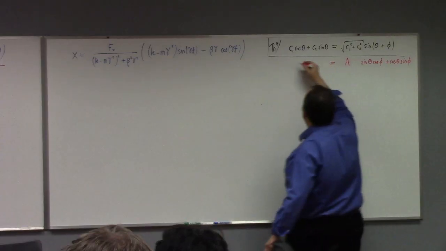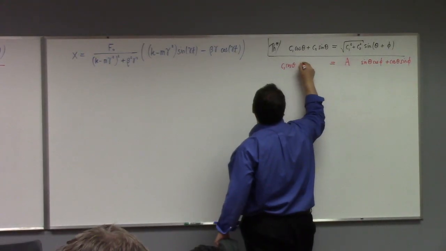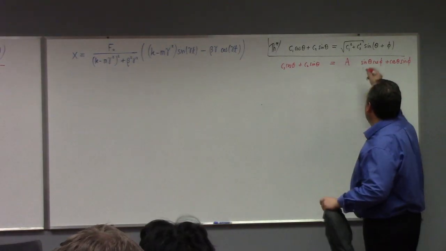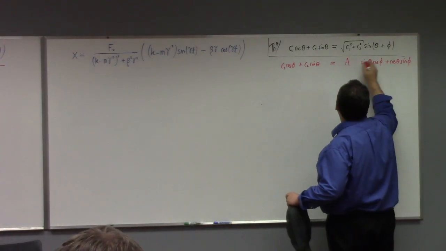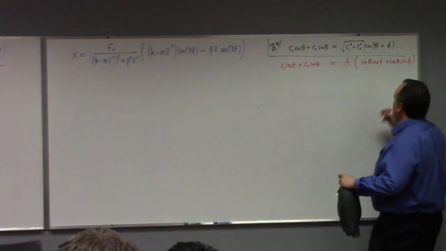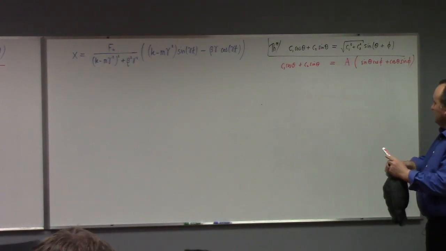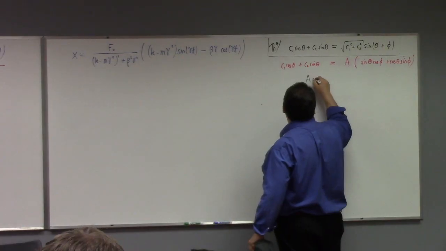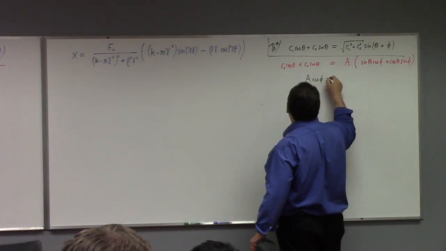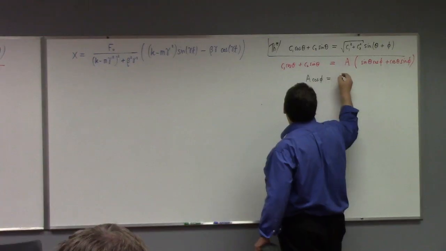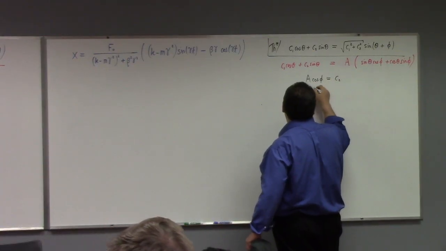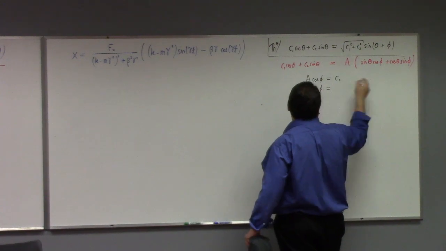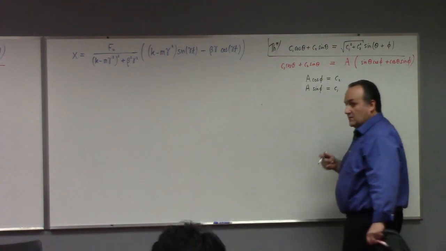If that's going to be equal to C1 cos theta plus C2 sine theta, that suggests we have to have A times cosine phi equal to C2, and A times sine phi equal to C1, by independence of sine and cosine.